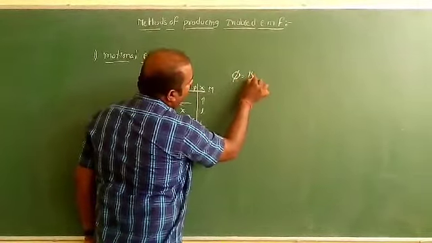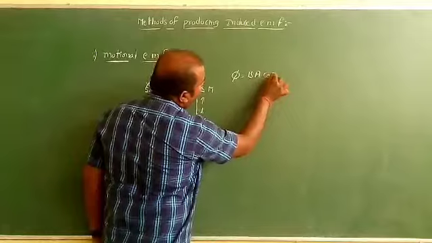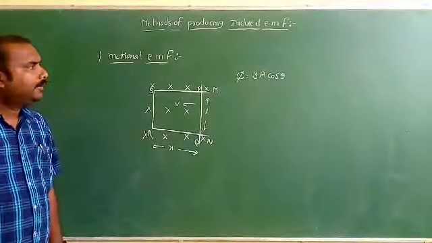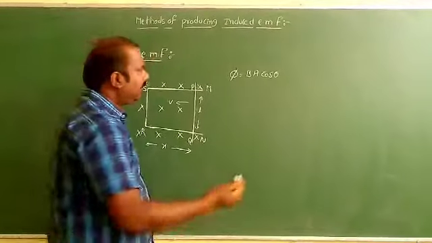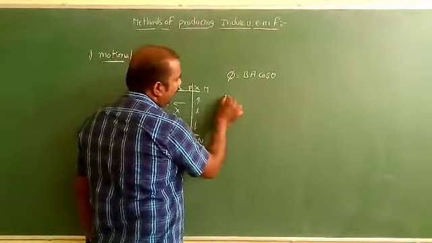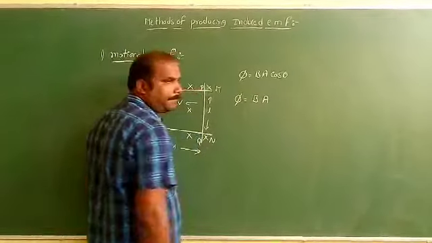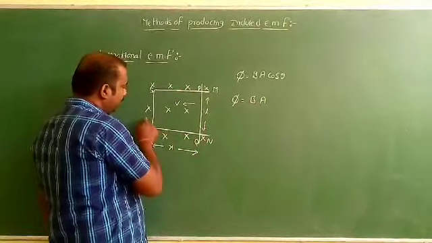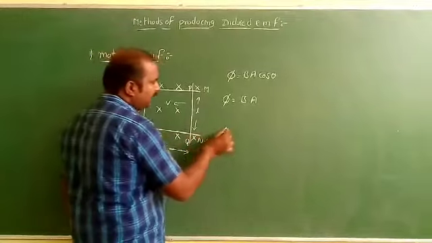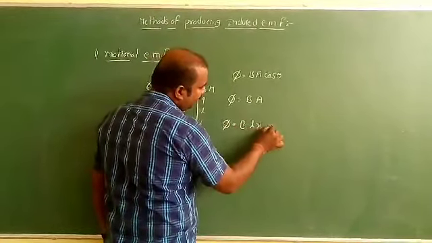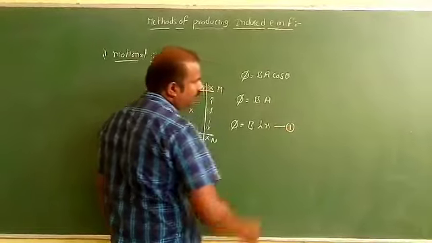Φ is equal to BA cos θ. Here, not considering the θ, simply I am taking Φ is equal to BA. What is the area? Length into breadth. That means Φ is equal to B into L into X. This I am taking as equation 1.